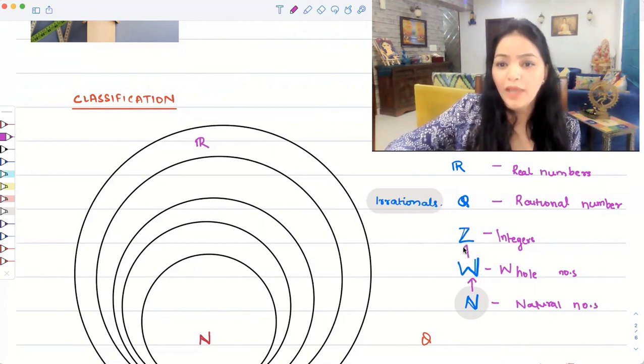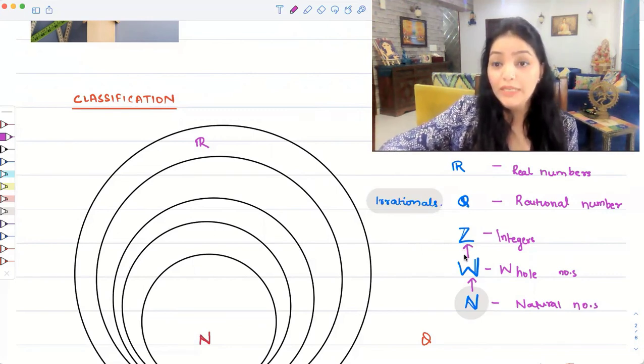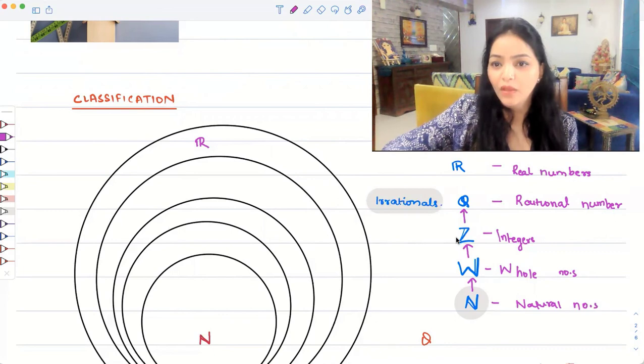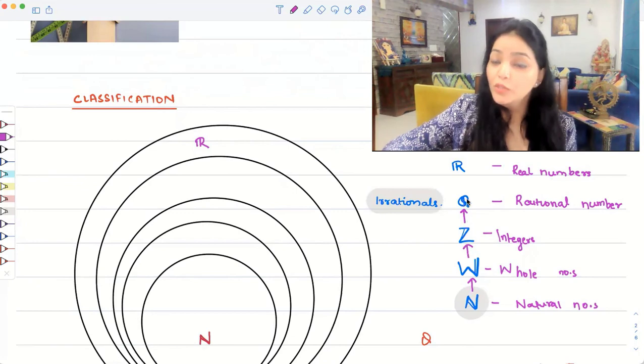If you add negatives, you have more numbers now in the set. So the bigger set would be integers. And as you just realized with the examples that I gave you, the set of rational numbers includes all fractions. It includes integers, whole numbers, natural numbers, everything. So which is a bigger set?